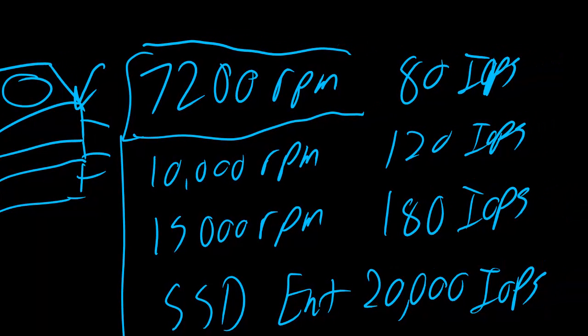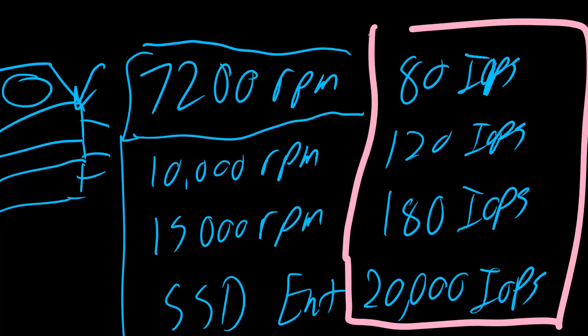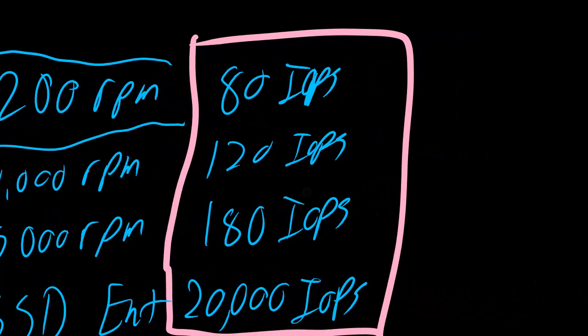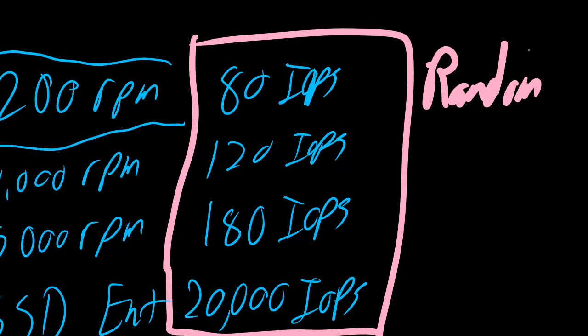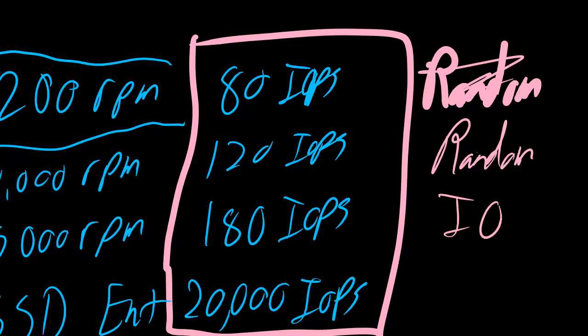Kind of ridiculous, but as you move into enterprise storage, all of a sudden we start thinking about our disk in terms of operations per second, more so than throughput, because there are so many different sources accessing the disks that it's going to be considered random I/O, and these IOPS are going to matter.